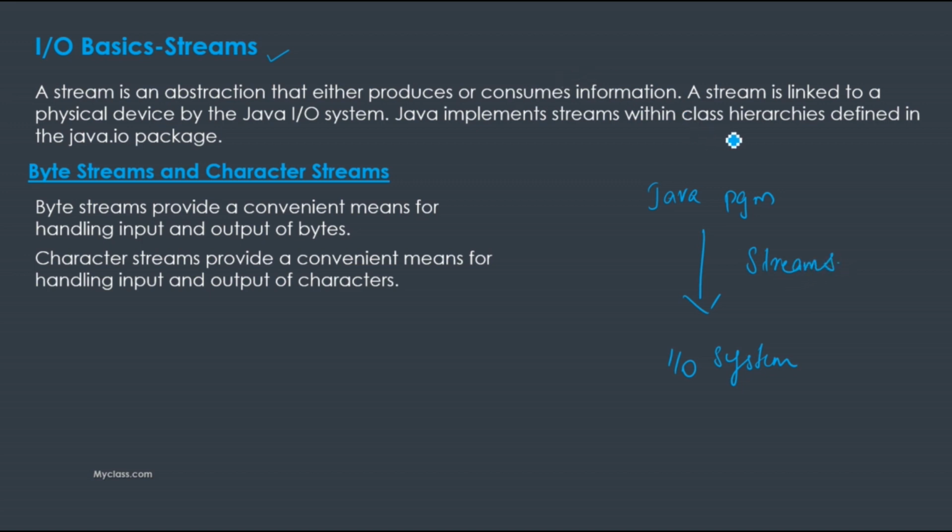Java implements streams within class hierarchies defined in the java.io package. Inside this package, lots of stream classes are there. So when we want input and output in the program, we first import the java.io package.